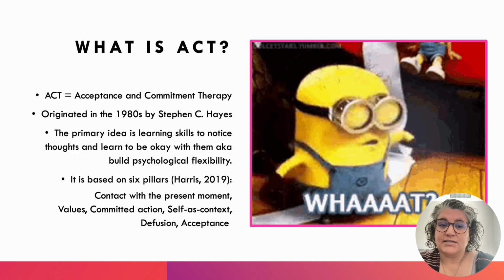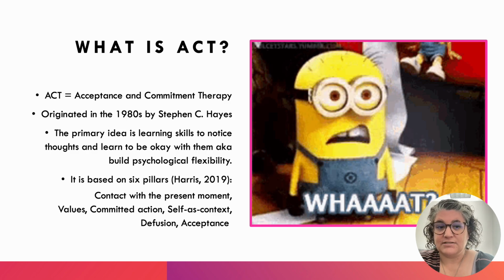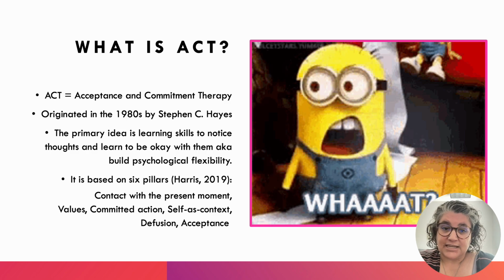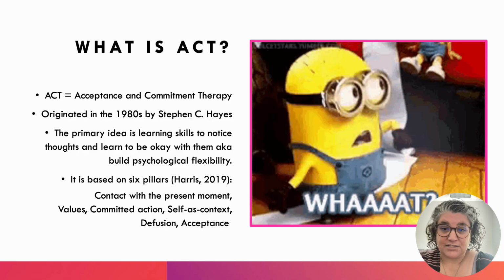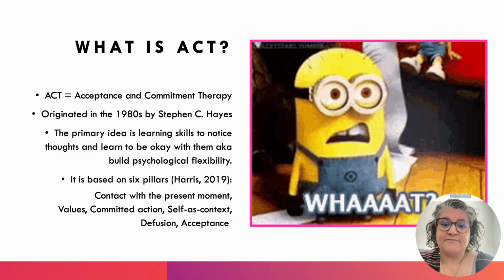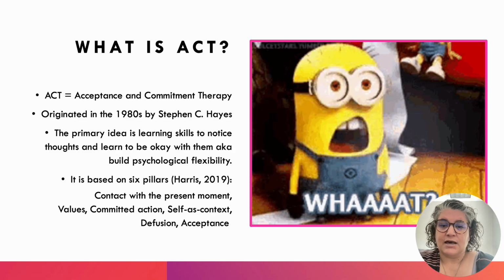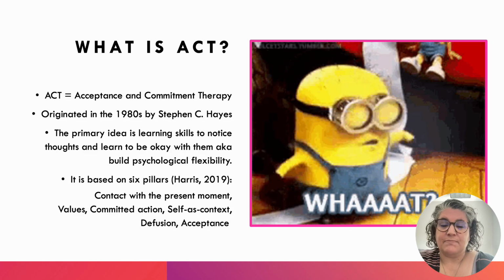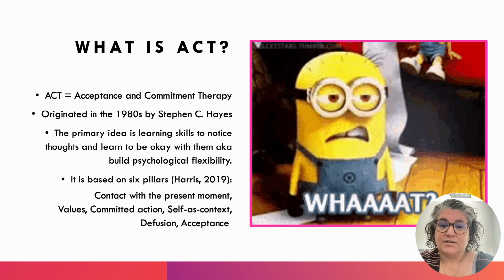So unlike ACT, comprehensive distancing was used in order to correct maladaptive thoughts. In the 1980s, Stephen C. Hayes had a 3-year-long struggle with panic disorder, and he vowed never to let his panic control him. And that was kind of the basis for the groundwork for ACT.